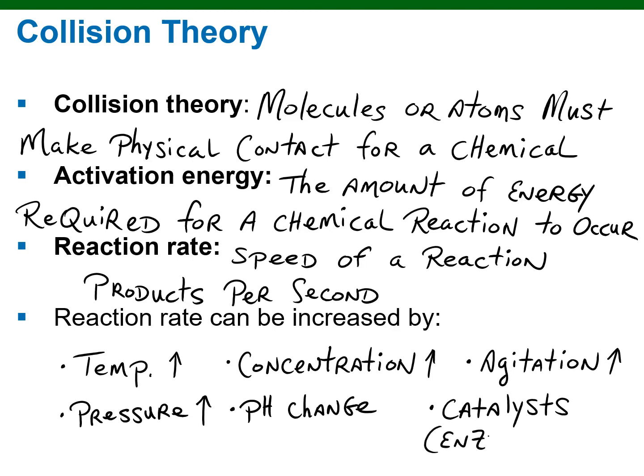Enzymes are able to facilitate a chemical reaction without the need for dramatic increases in temperature, pressure, concentration, pH, or agitation. Catalysts do the work in the form of enzymes, and those enzymes are able to bring molecules or atoms together and cause collisions to occur most efficiently. And it decreases the amount of activation energy required for the reaction to occur.